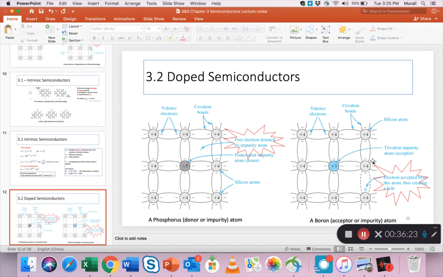And there's another type of doping called acceptor doping. Here, an atom, another material, it's actually boron.